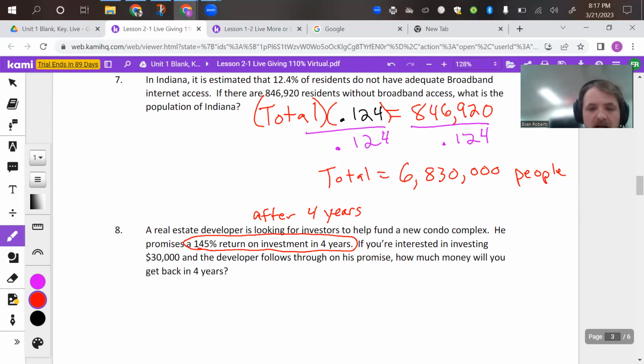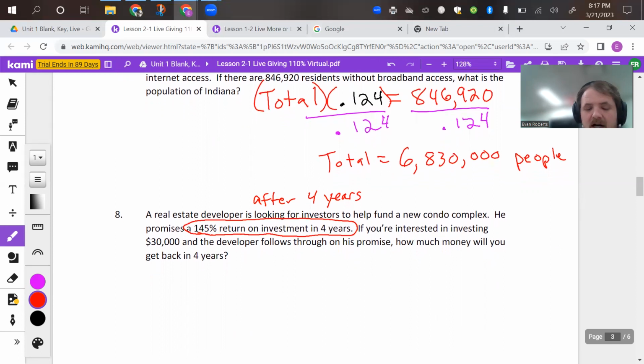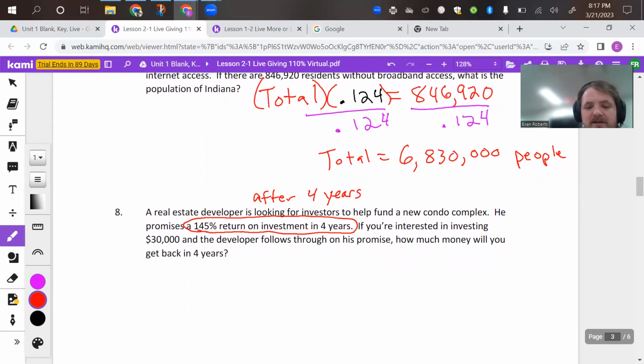So if you're going to give 30,000 to this developer, how much money will you have in 4 years? So you want to know what is 145% of 30,000, because that's how much you're going to end up with.